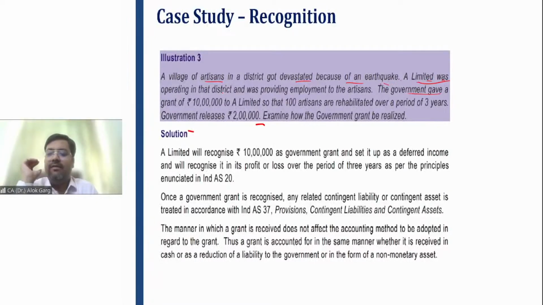But if that condition is not there, and the condition is you have to hire 1000 people in 3 years, and of course, the 100% money was not refundable, then whatever employees you hire, to that extent the grant will be payable. So if this is the scenario, you are required to defer the grant and amortize it over a period of 3 years, right? Is that clear? Is that clear, friend?